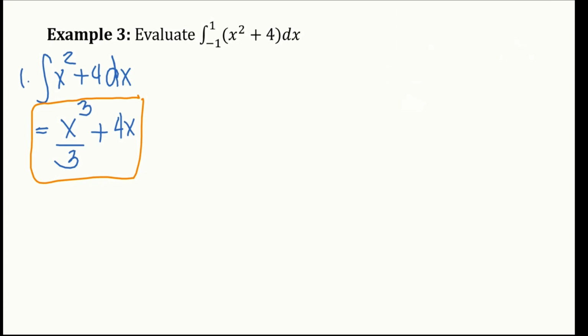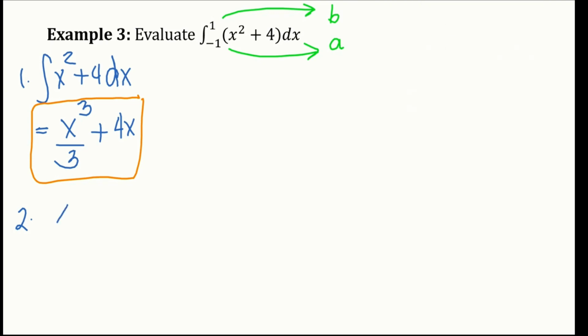And then as you notice, we no longer put plus c because we already discussed that in the first example. So step 2 is to substitute. We see that b is equal to 1 and a is equal to -1. So for step 2, we substitute +1.